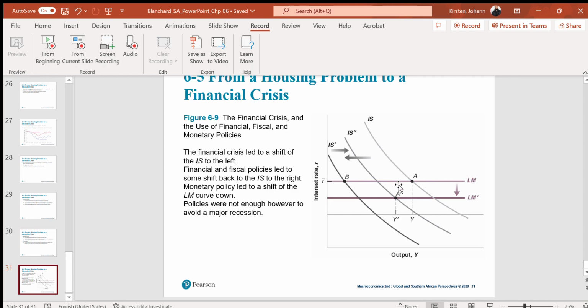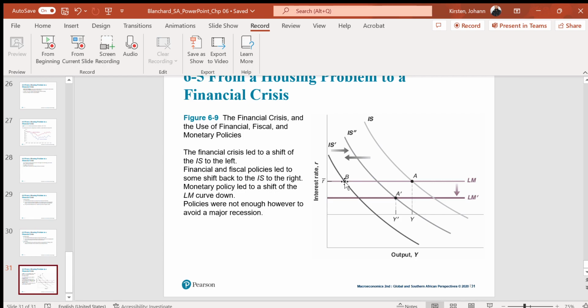I'll end off with this graph here. We started here at point A, then because of the major shift in the financial crisis, our IS curve shifted completely to the left-hand side to point B. At point B, our output was very low, meaning unemployment was very high, and now policy had to be implemented.